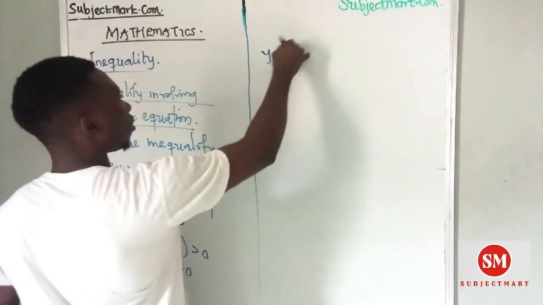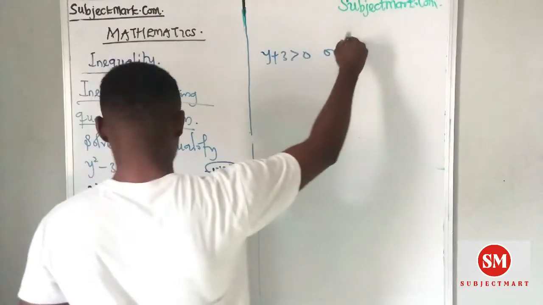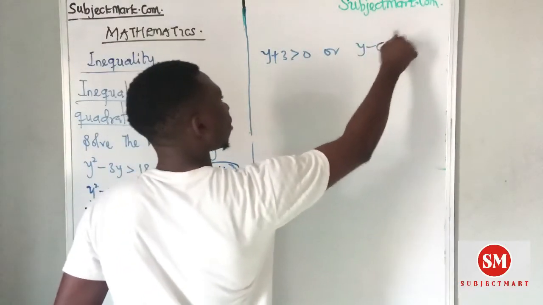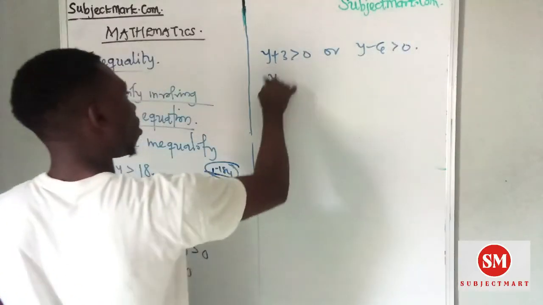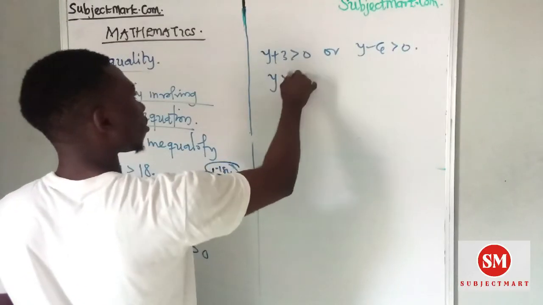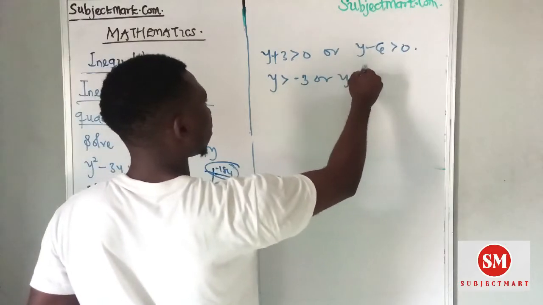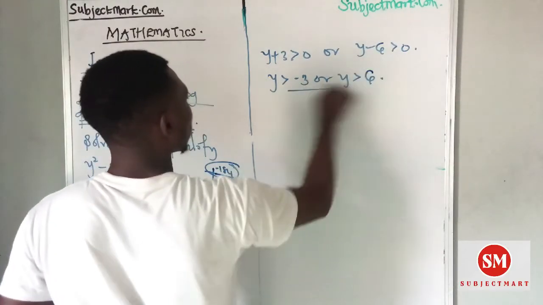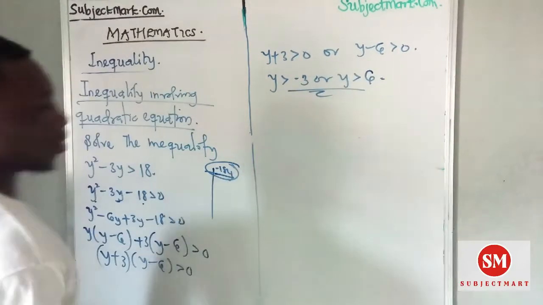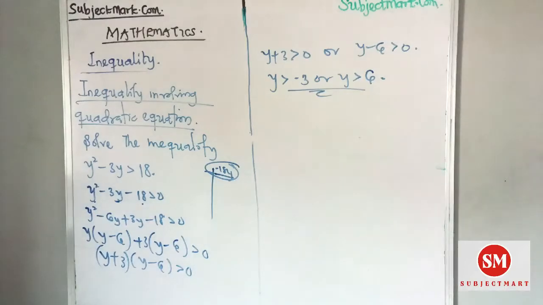So y plus 3 is greater than 0, or y minus 6 is greater than 0. So y is greater than minus 3, or y is greater than plus 6. So this is your answer to this particular quadratic expression.